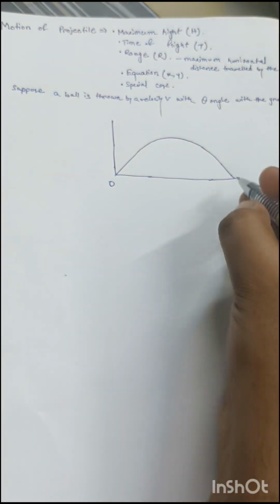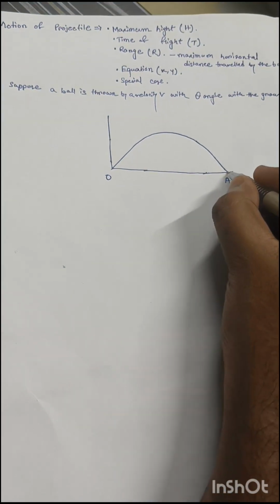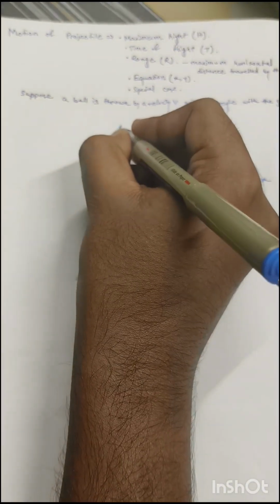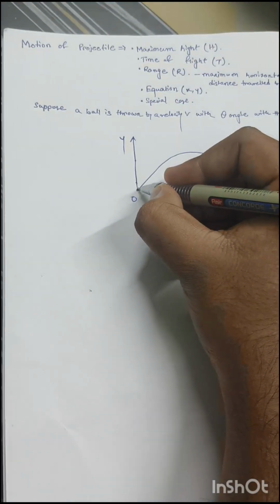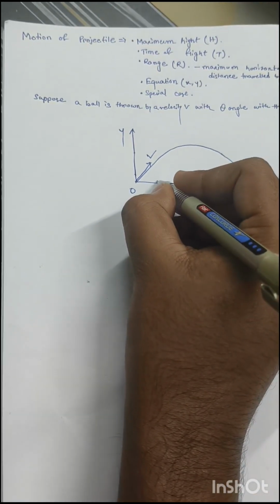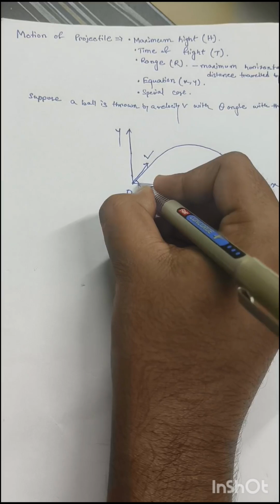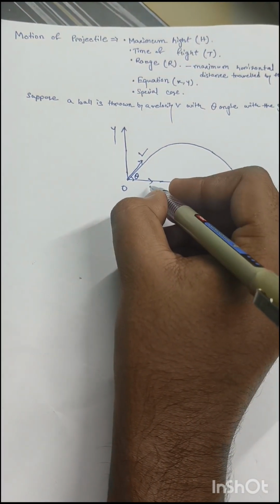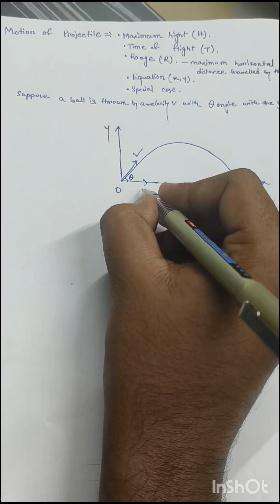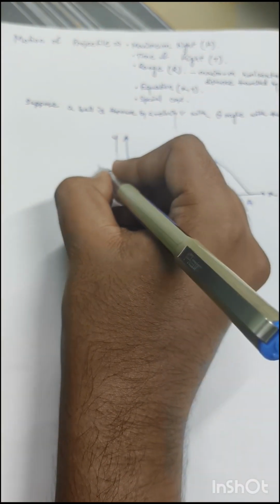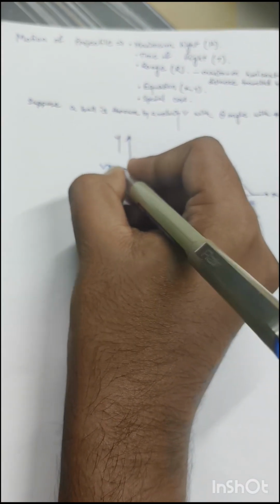Suppose this is O and this is A, this is the horizontal direction X and this is Y. If it has a velocity of v and makes a theta angle with the horizontal, then the horizontal velocity will be v cos theta, and the vertical velocity will be v sin theta.